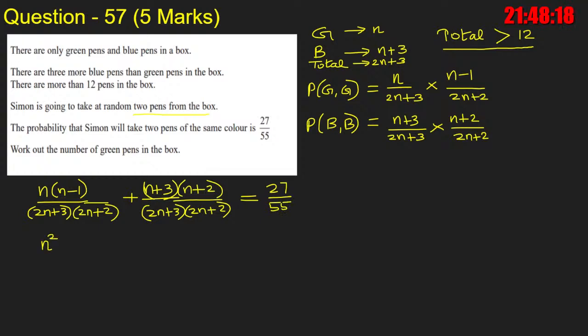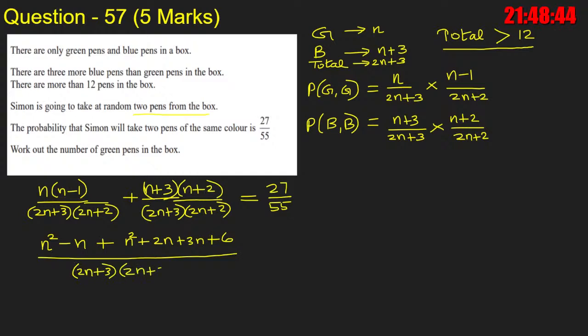So n squared minus n plus n squared plus 2n plus 3n plus 6 is the numerator answer. And for the denominator, 2n plus 3, 2n plus 2 is the common number, so I'm going to write that as the denominator, equal 27 over 55, right?